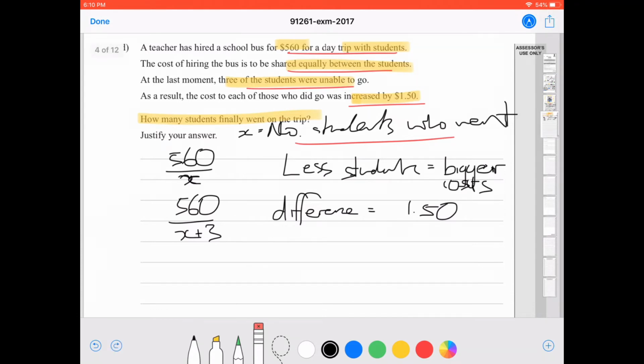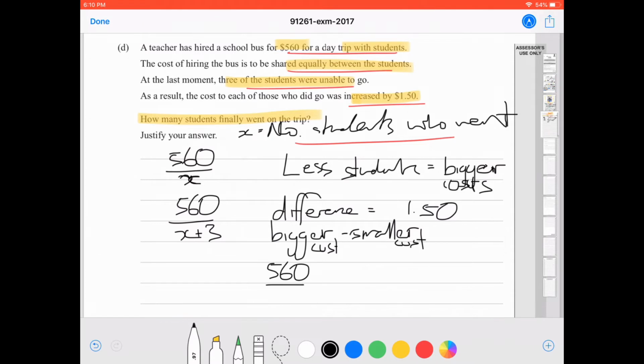And we can even write that first of all. Difference is bigger cost minus the small cost, because that's what produced this extra $1.50. I hope that made some sort of sense. This is just the thought process on our way to establishing an equation.